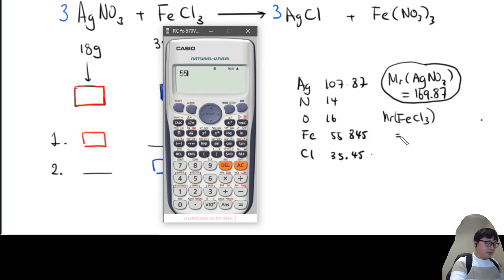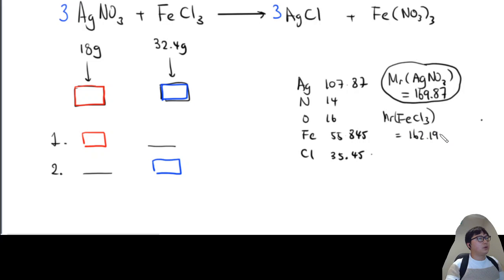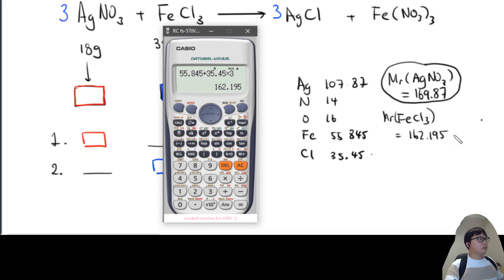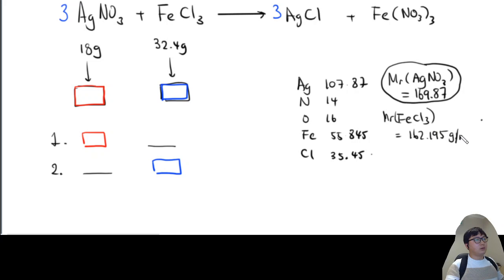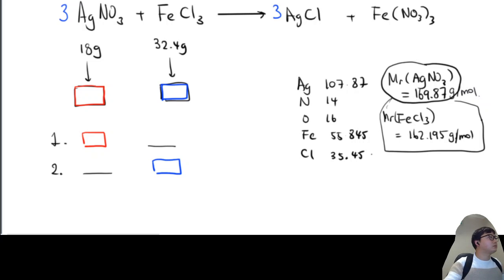That's 55.845 plus 35.45 times 3. That's equal to, very similar, 162.195 grams per mole. So these are the values that you might want to use.